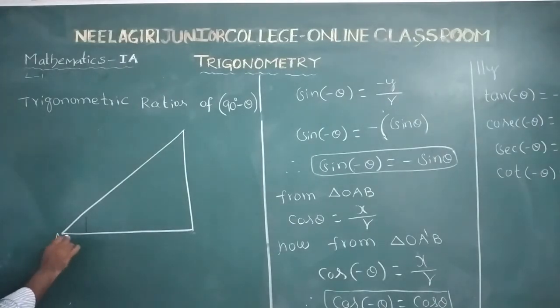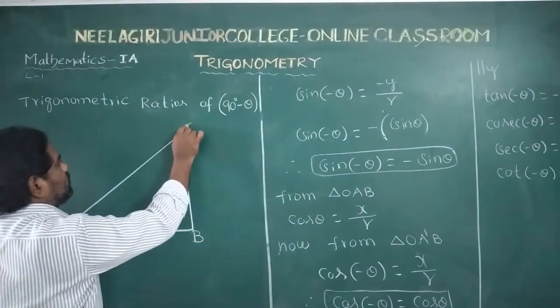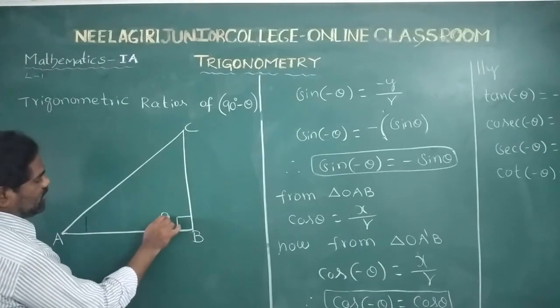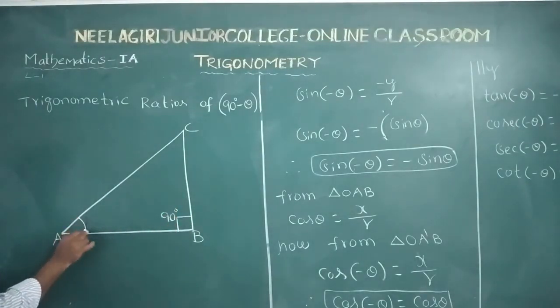A, B, C. Here suppose the angle is 90 degrees. Suppose the angle at point A is theta.